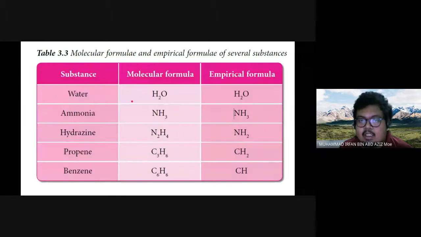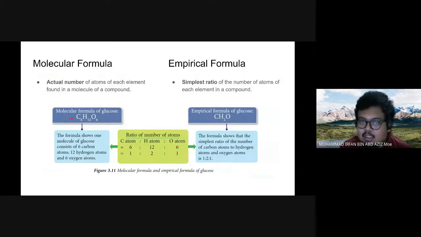Okay, because why? Kalau kita pergi balik ke glucose, the molecular formula adalah the actual glucose. This is how glucose it is. So you will get 180. The molar mass will be 180. But if you change it into empirical formula, you will only get less than 180 lah. 12 plus 1 plus 2 which is 18. 18 plus 16 you will get 32. So it will be different.